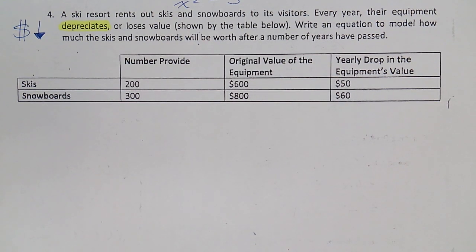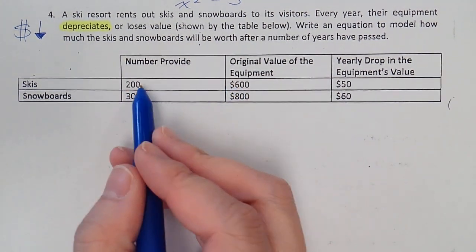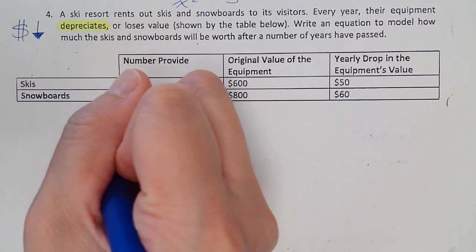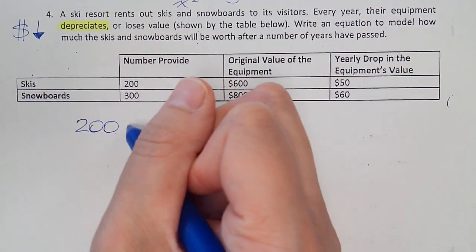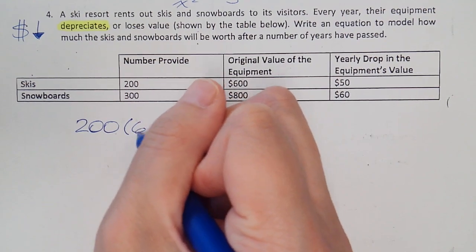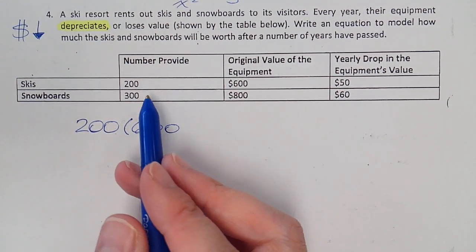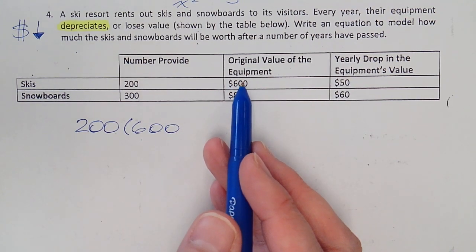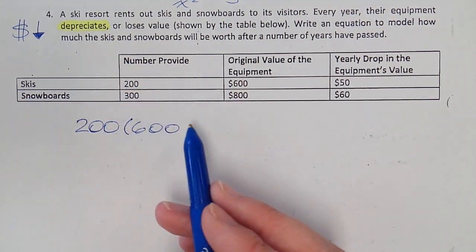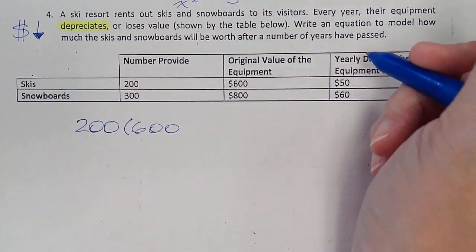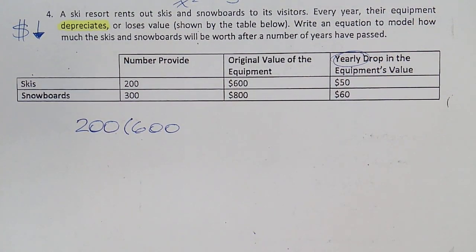Maria? Multiply them together. Yeah. So for the skis, it's 200 times 600. That would give you how much they spent on skis. 600 per ski, 200 of them. So you're just multiplying. Now, after 1 year, how much are the skis worth?